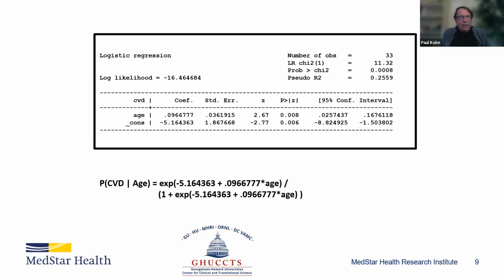So we have the exponentiated regression equation and whatever the patient's age is times the age regression coefficient, and that's divided by 1 plus the exponentiated regression equation.